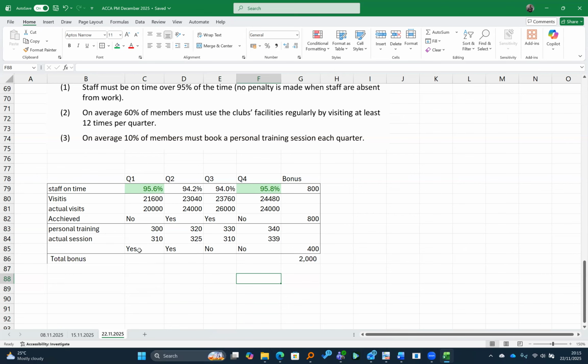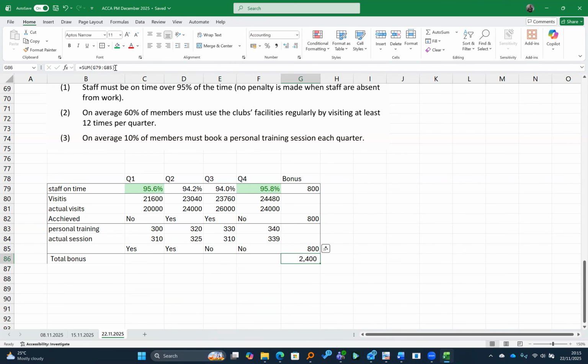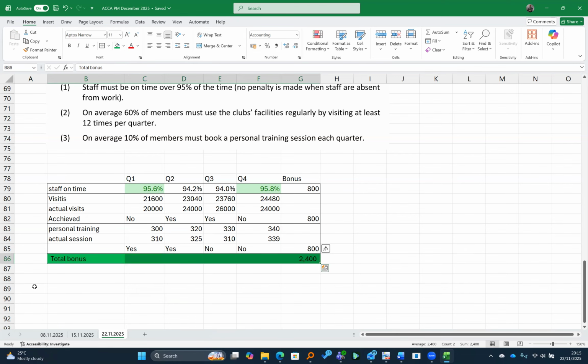Oh, this is not only one, actually, there are two. This and this, times 2. So 2,400 total bonus.